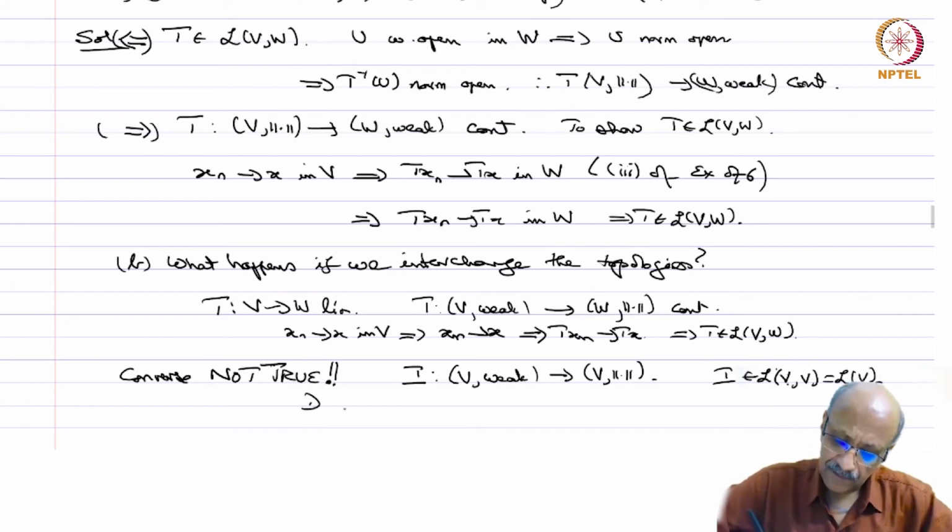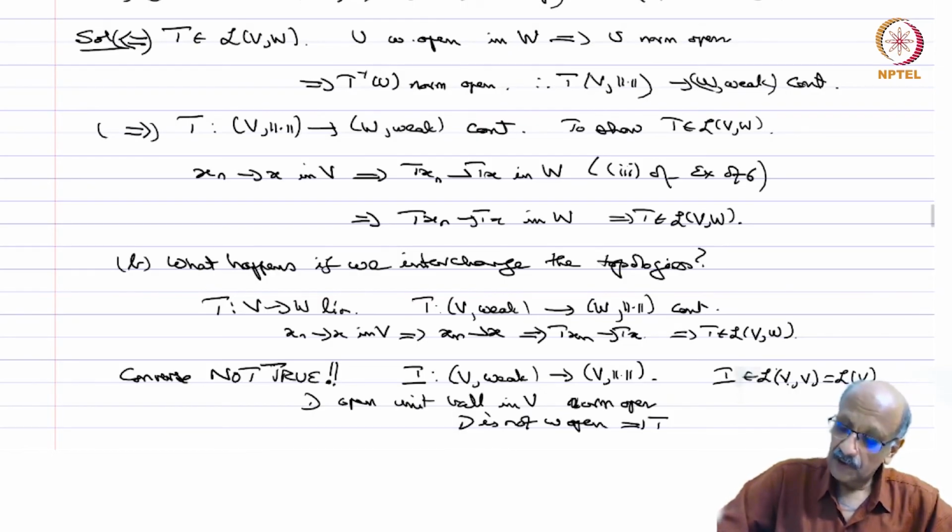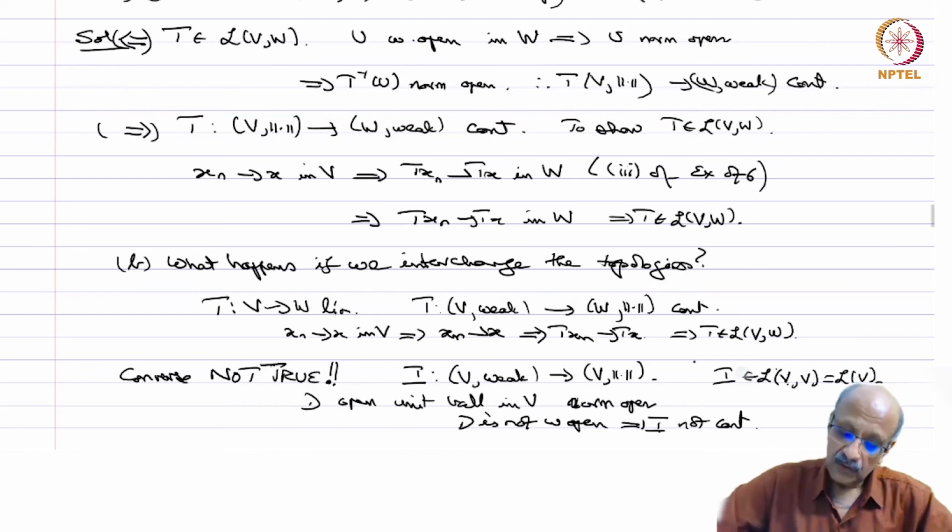But you take D open unit ball in V, which is norm open, but D is not weakly open as we saw, therefore I is not continuous. So you have a norm continuous linear map, but it won't be continuous from the weak topology to the norm topology.